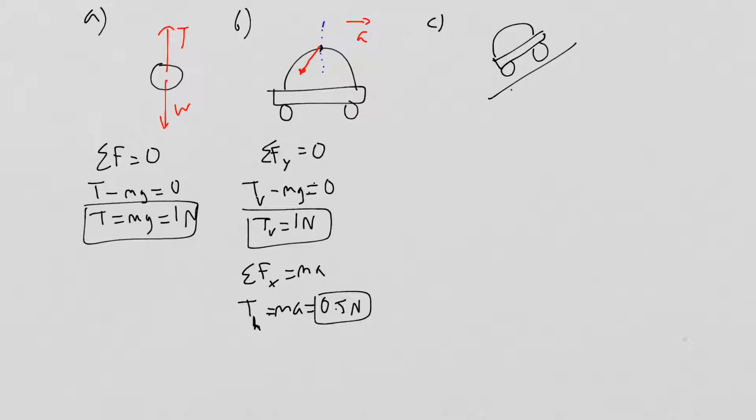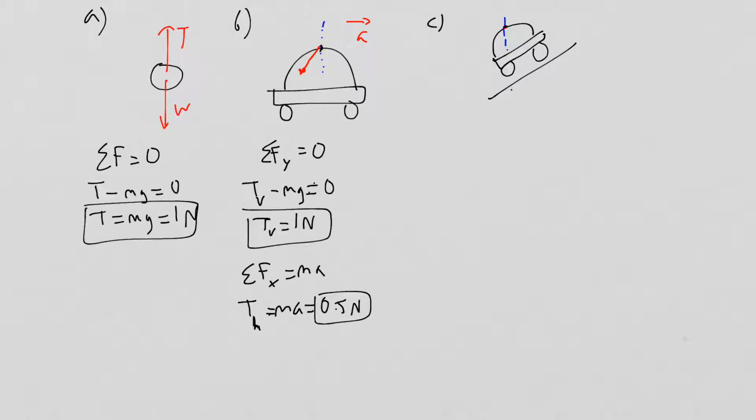Okay, there. So there's our vertical, there's our attachment point. We're going up an incline, but at a constant speed. That means we can't have a horizontal acceleration, and we can't have a vertical acceleration. It stays in equilibrium.